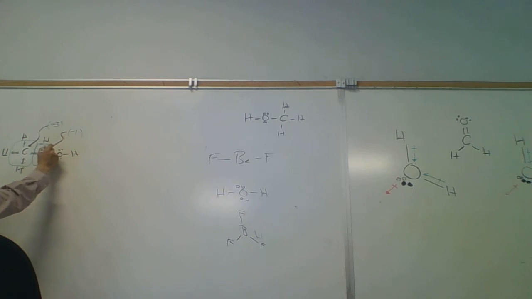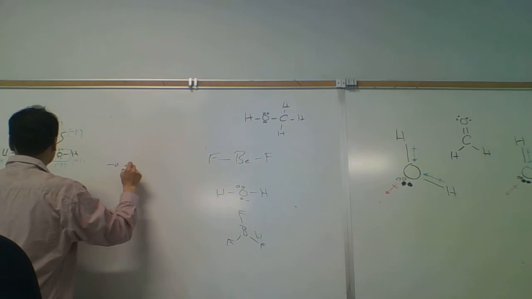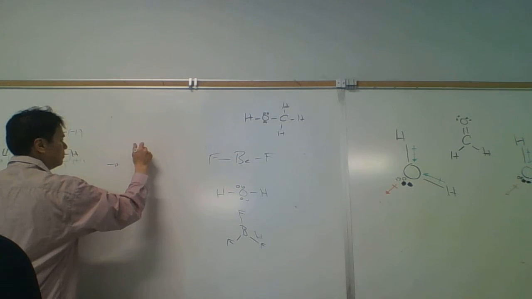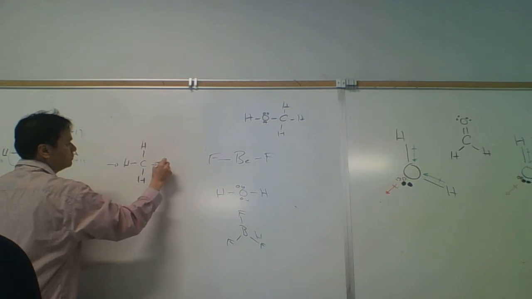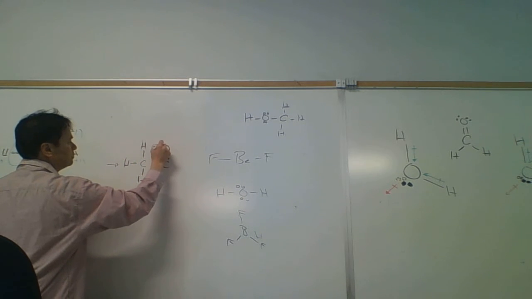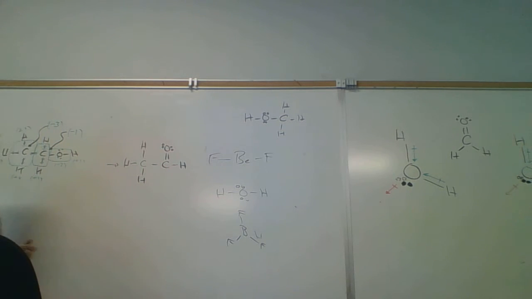Oxygen takes all of them, so it's -2. Hydrogen gets none. All the hydrogens are +1. Let's go to ethanol. This gets converted into acetaldehyde.